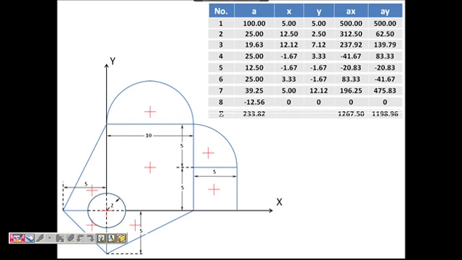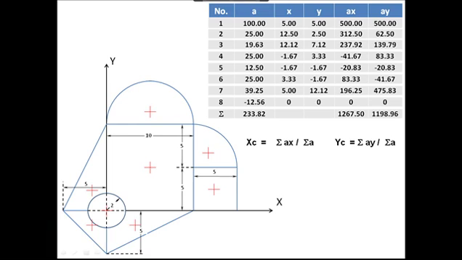Now if you remember the formula, x is given by sigma ax by sigma a, y is given by sigma ay by sigma a, and the whole idea of making the table was for the suitability of the addition.